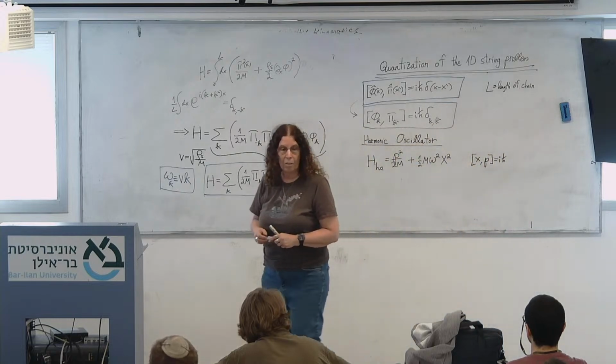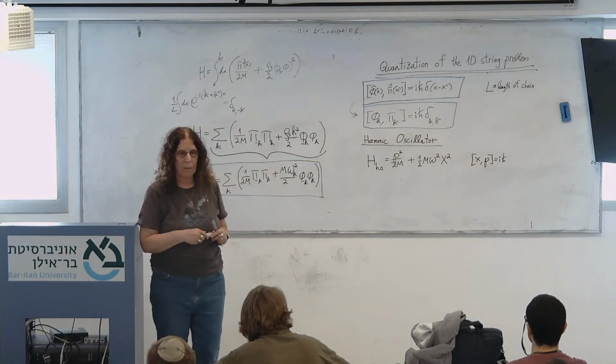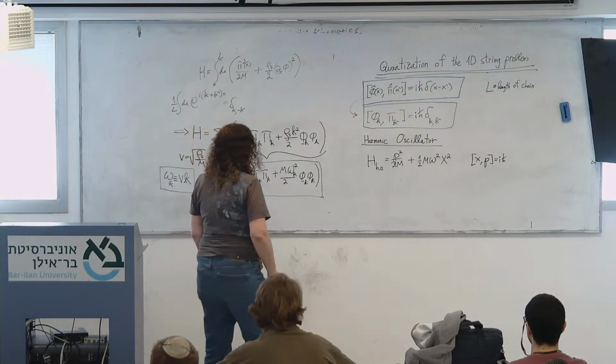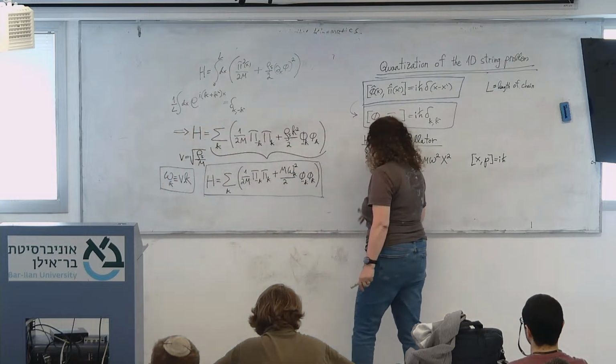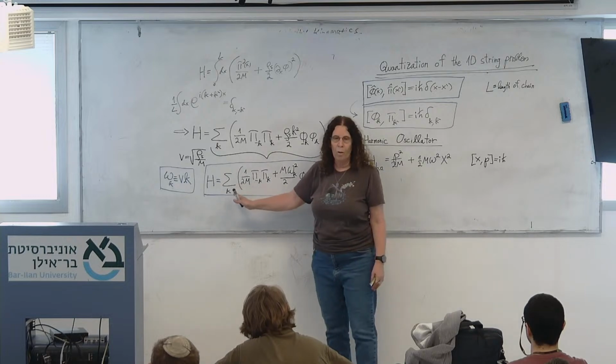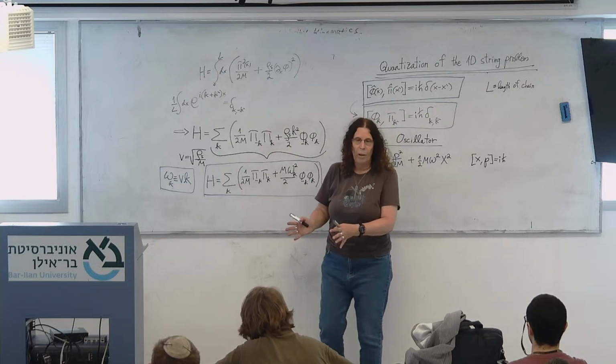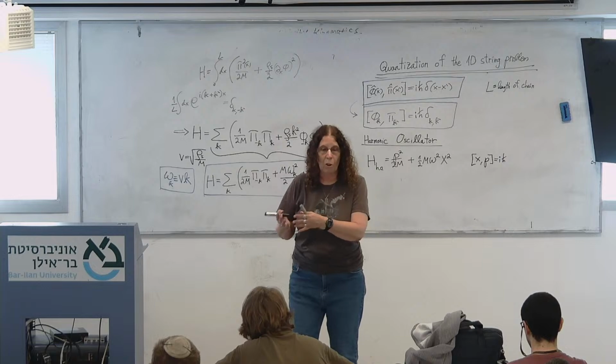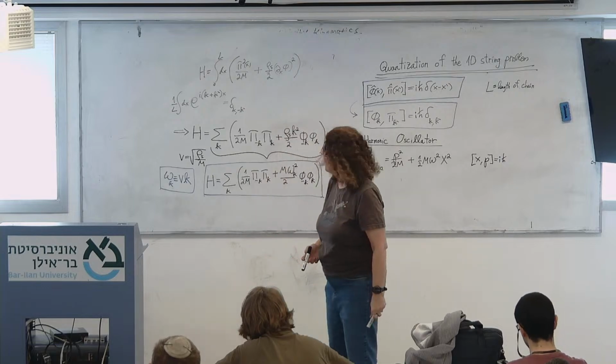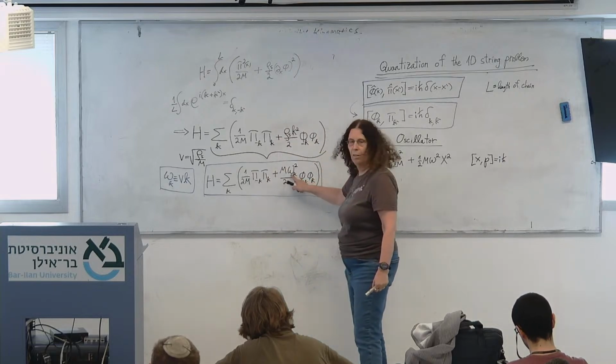That's the single harmonic oscillator, right? Now I want to say that each mode is a separate harmonic oscillator that has its own frequency. The frequency depends on k.